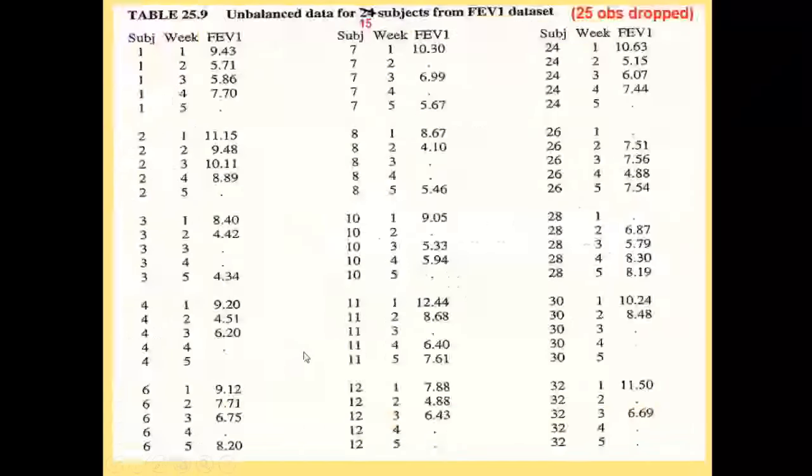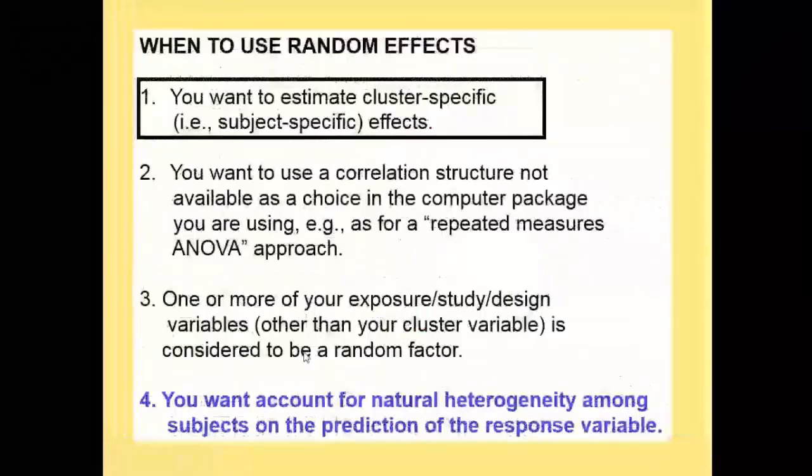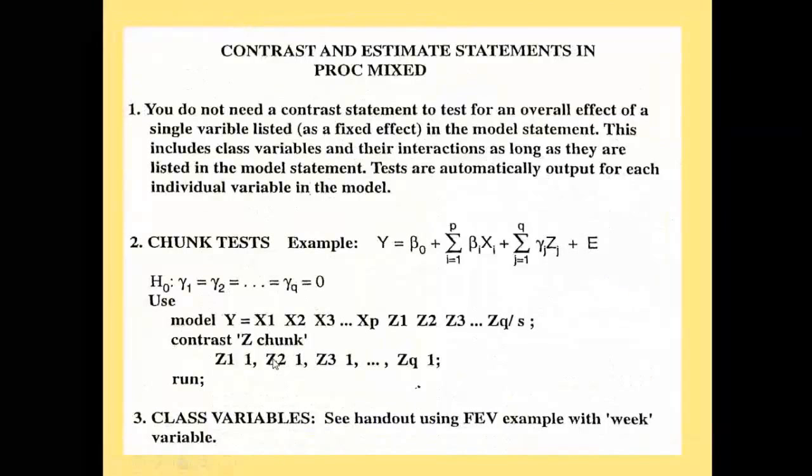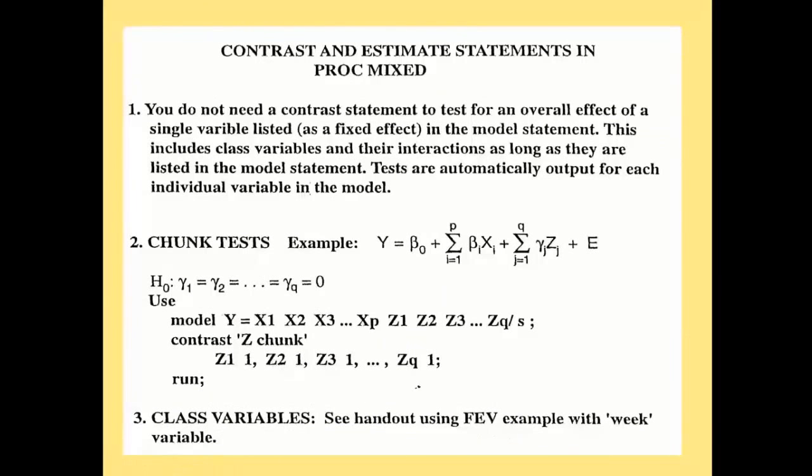Now let's get to where we were right at the end of class last time. I'm just trying to rehash some things that we did before, adding something about degrees of freedom, and now I want to talk about contrast and estimate statements. I did a whole bunch of it, but I want to refresh you on that.